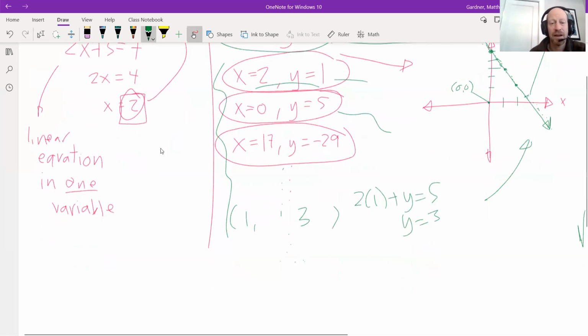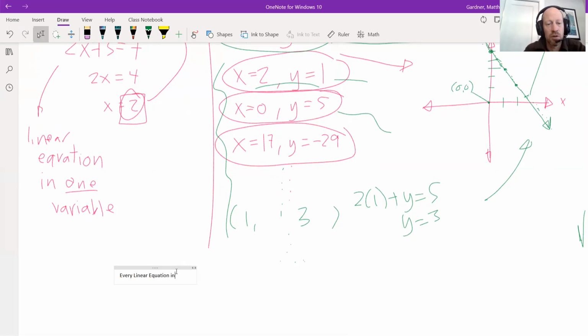But an important fact here, and probably worth typing out, is that every linear equation in 2 variables will have a graph of solutions that fall on a straight line.